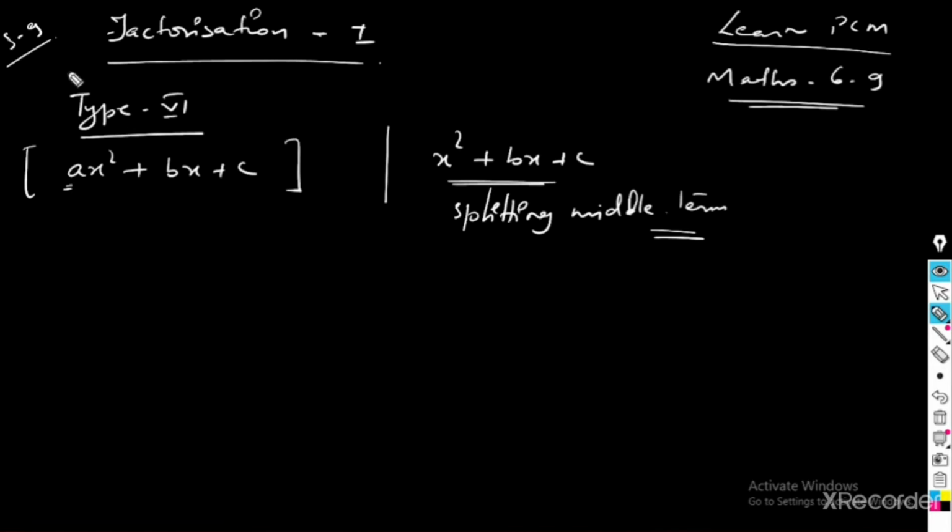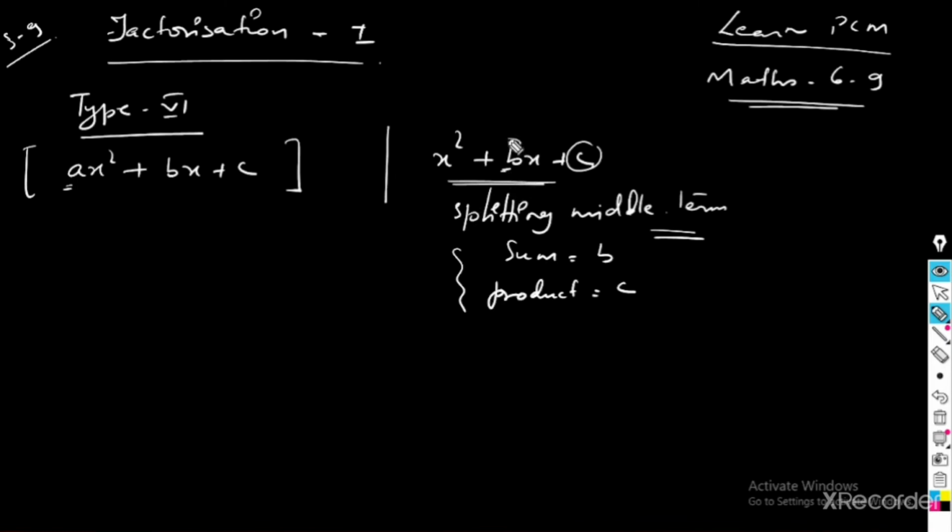What we have done in splitting the middle term is simply take this constant term, take out its prime factors, and then arrange those prime factors in such a way that we get a sum equal to b, and the product equal to c. This is how we have split the middle term.